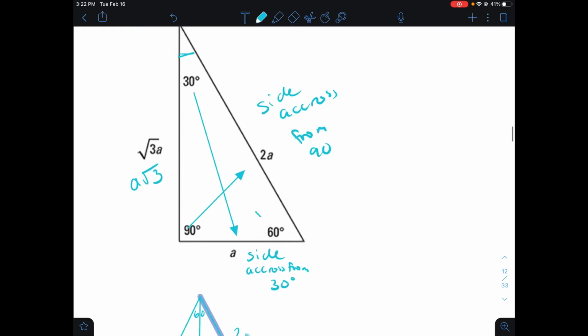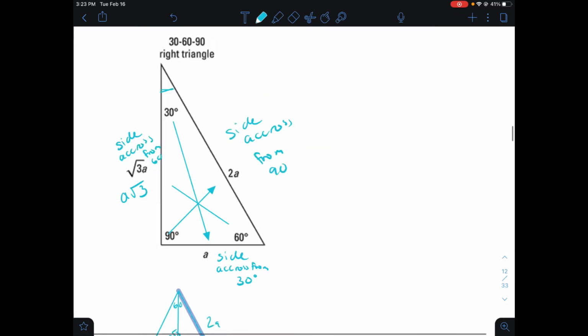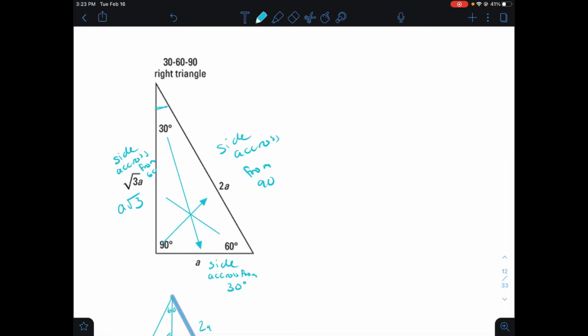And then this side here is going to be the side across from 60. All right. So it's important to know which side I am referring to as I go through this.